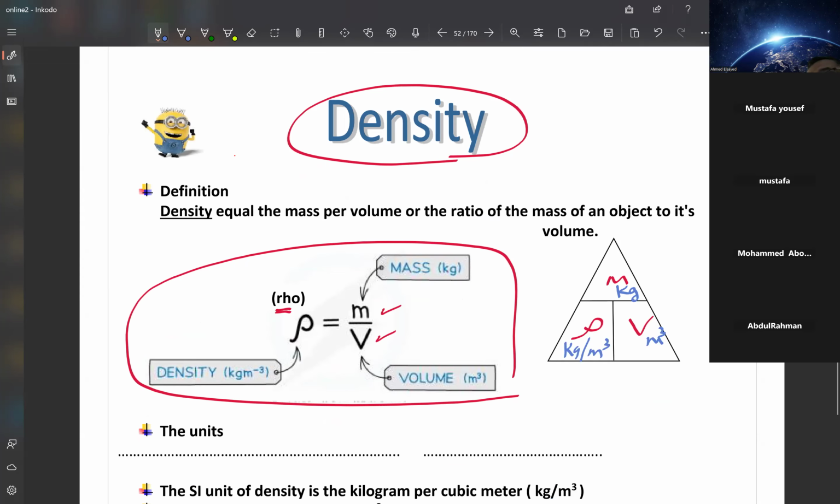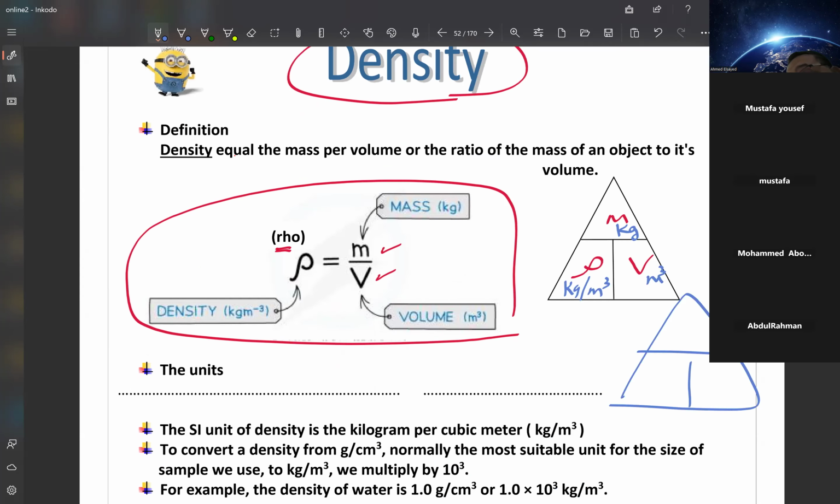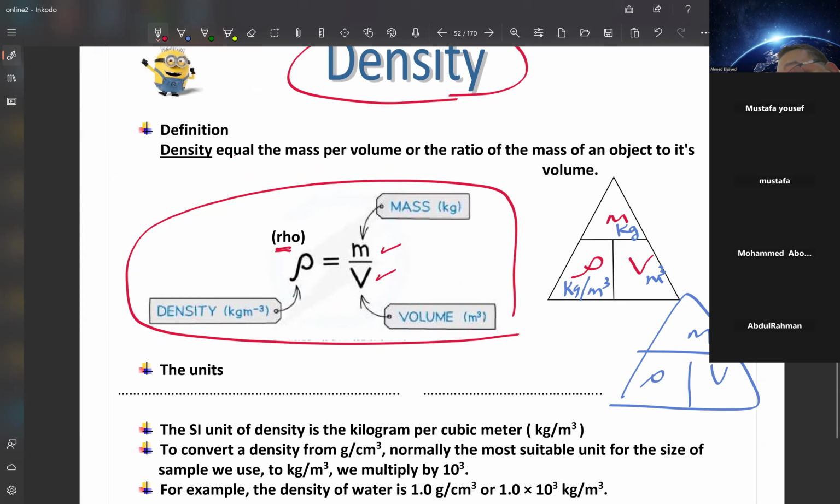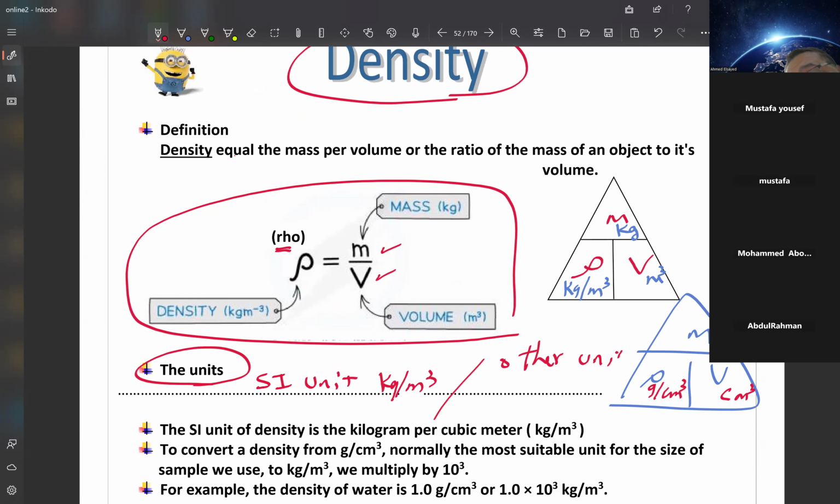What if the mass unit is gram and volume is centimeter cube? Density will be gram per centimeter cube. So the SI unit is kilogram per meter cube, and the other unit you can see is gram per centimeter cube.